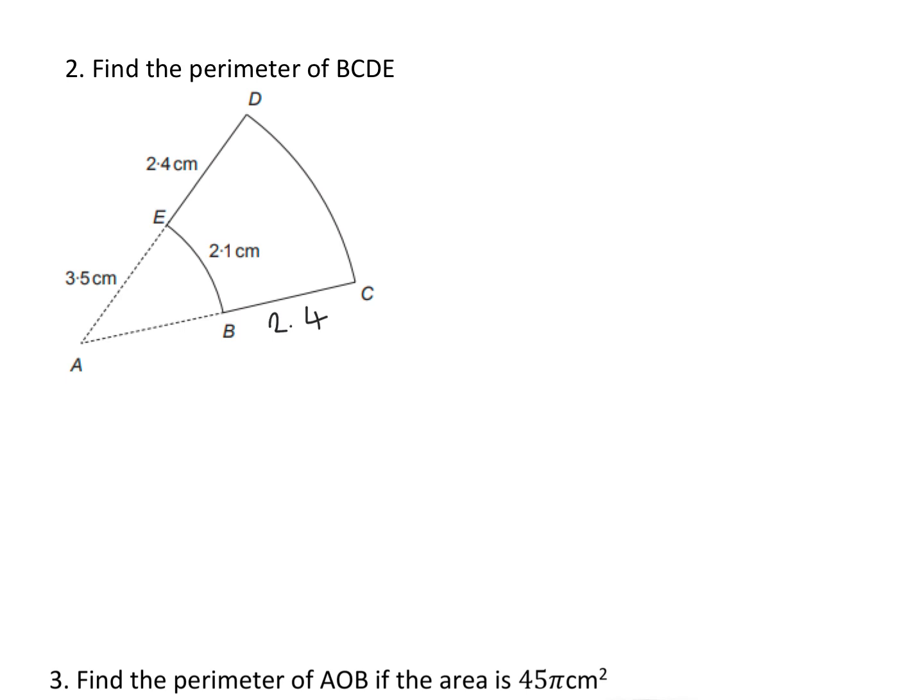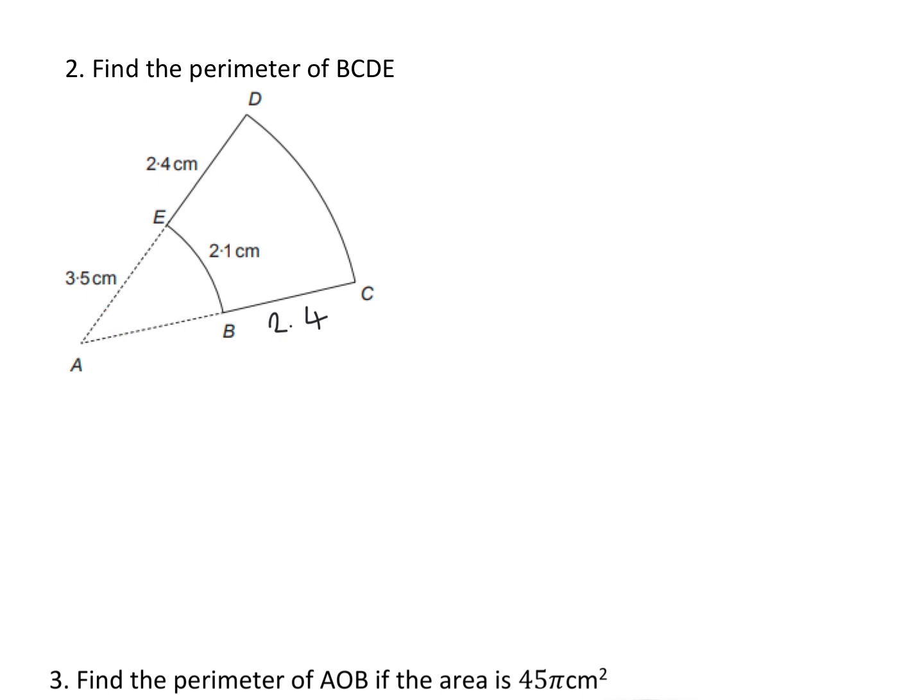So all we need to find out is this side CD, this arc length, and we'll be able to get the perimeter. Unfortunately, we don't have the angle required. What do we do then? We have to consider this smaller sector, because in the smaller sector we have the radius of it and we have its arc length, and that's enough to find out what the angle should be.